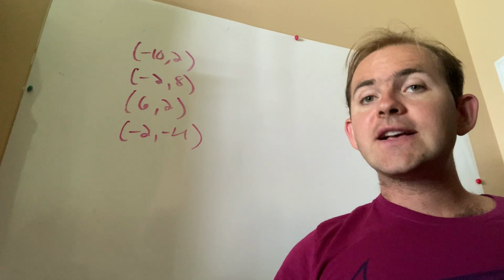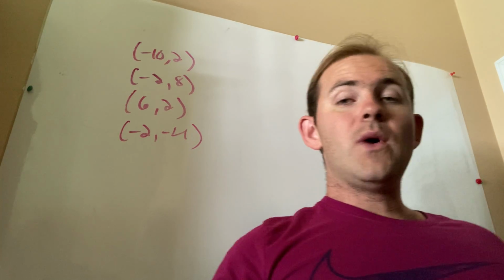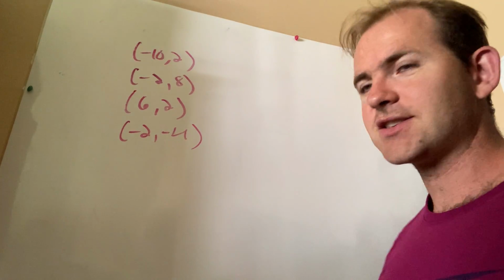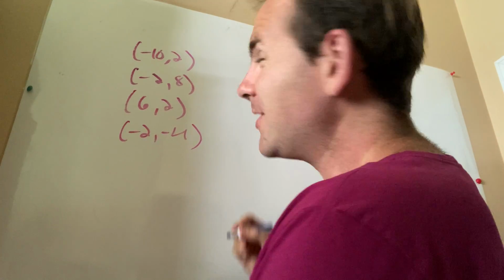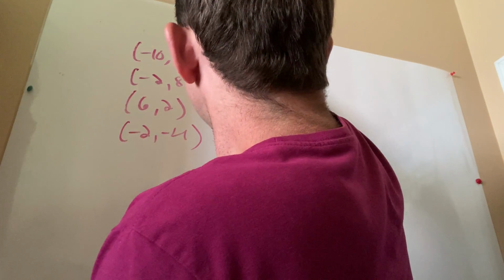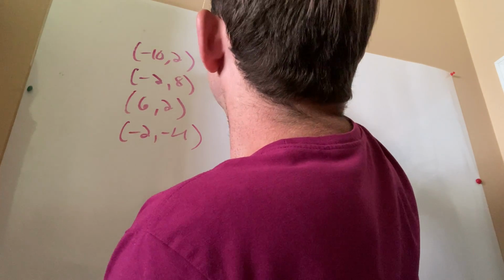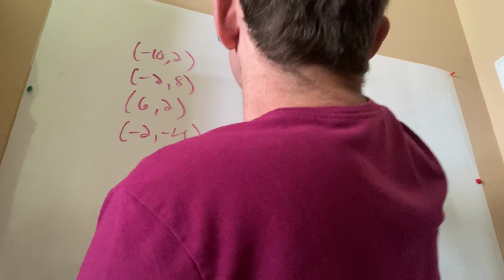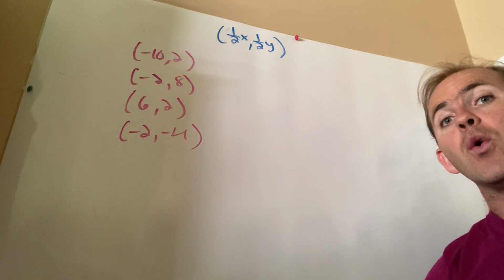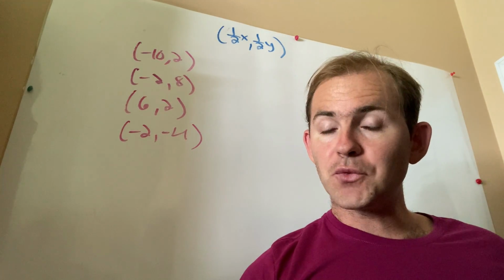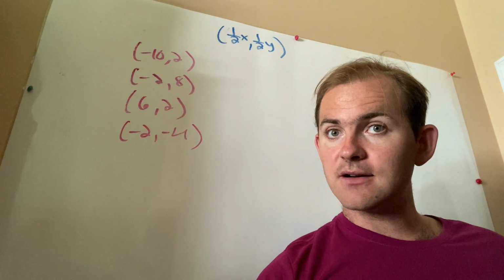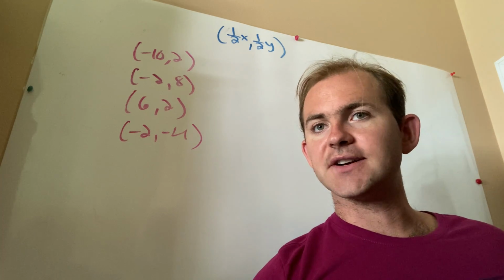Okay, so what can I ask you to do on a test or quiz? Well, I could ask you to write me a coordinate rule. So if I asked you to write me a coordinate rule, I would expect this: 1/2 x, 1/2 y. That represents the coordinate rule for a dilation by a scale factor of 1/2 centered at 0, 0.